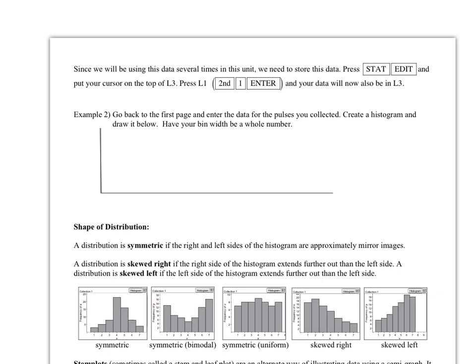He added 7.8, and got to the next bin, which we know goes to 65.8. That's where the next bin's going to start, because the right side of the bin counts for this bin, not the bin on the left.